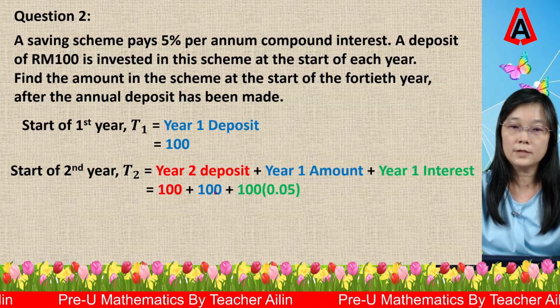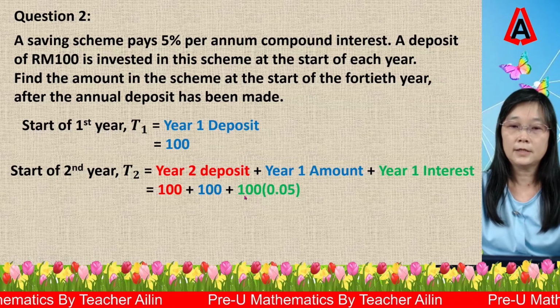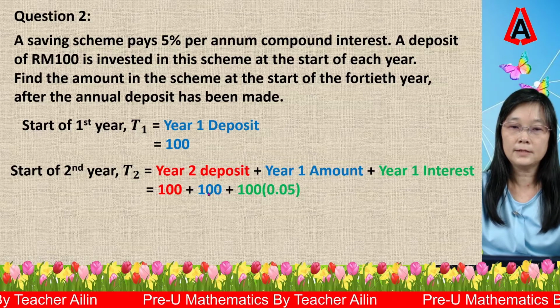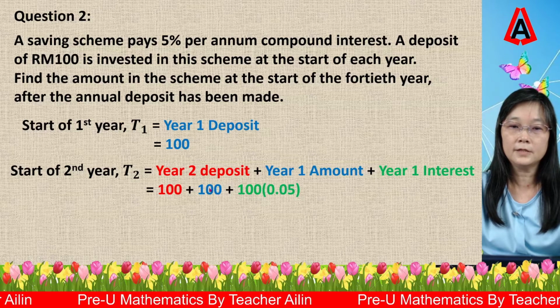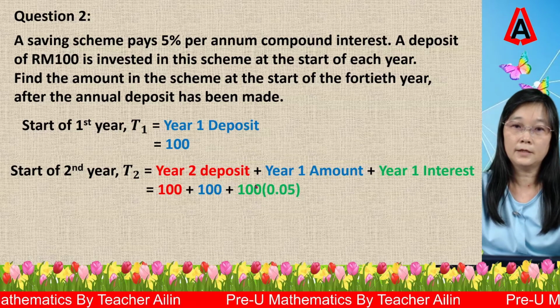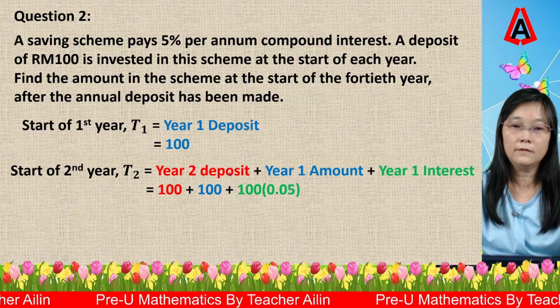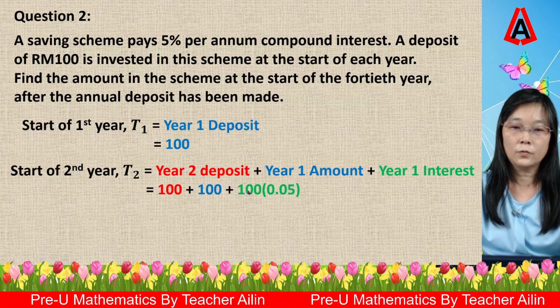So this 100 ringgit and this 100 ringgit are actually the same money. That is the 100 ringgit in the first year deposit. So when we do the factorization, only this 100 is involved.